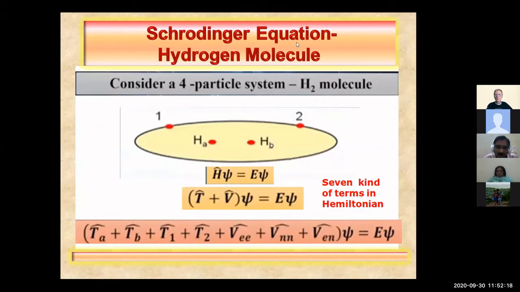Now, beyond that, if we look at, let's say, the hydrogen molecule, then there are about 7 different kinds of terms, and a total of about 10 terms in the Hamiltonian appear. As the number of atoms and electrons increases, the number of terms to be solved for in the Hamiltonian rises exponentially.